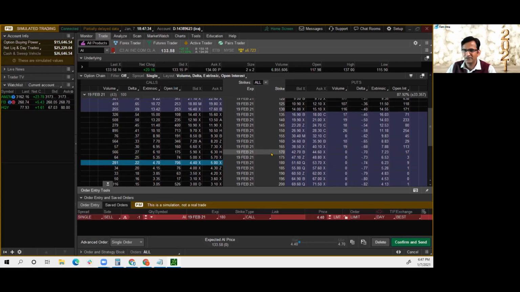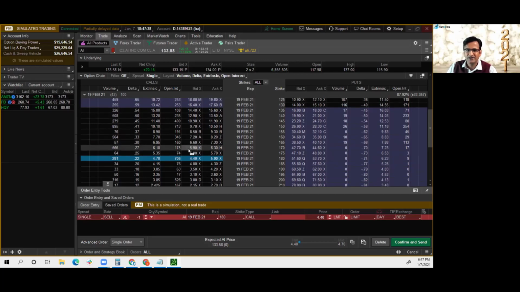and make some money out of the shares I'm holding in my portfolio. If you have employee stock options, you don't want to give them away, you don't want to sell them, but you want to generate some money, I can go ahead and sell a call at 180 and get some $4.40. These shares, like AI, Tesla, Airbnb, are all momentum stocks.